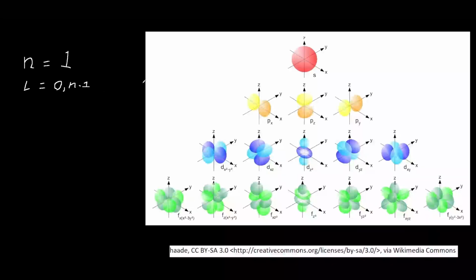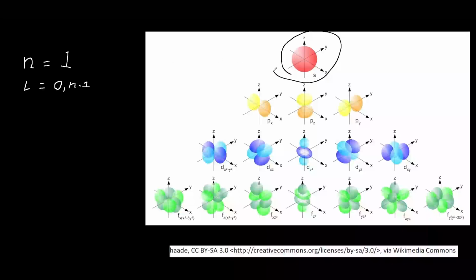What this means is that the higher the quantum number n, the stranger these orbitals, these subshells, will be. So when n is equal to 1, the only value that l takes is 0.